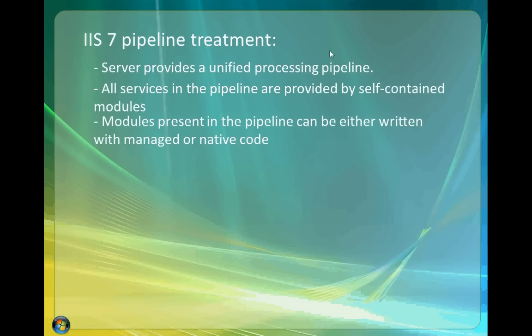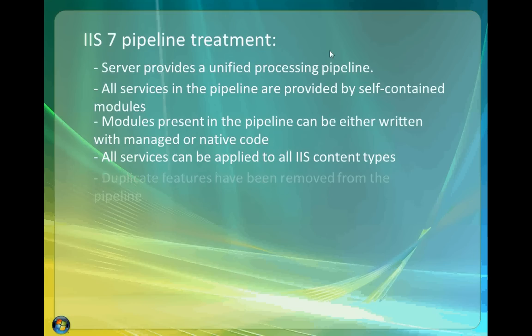And then we can have the choice between C++ or native code and managed code, if we feel more comfortable with .NET, or if we feel more comfortable with native code. And of course, all kinds of services that are available in the IIS pipeline will be exposed to all types of requests. And we have removed feature duplication.